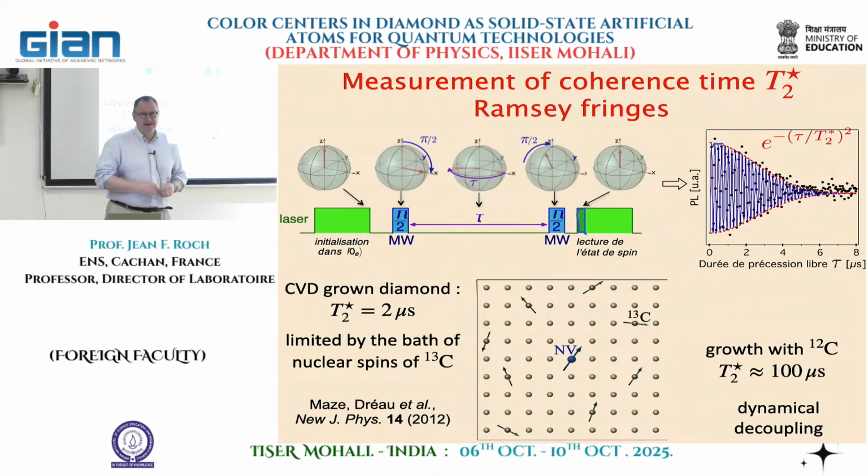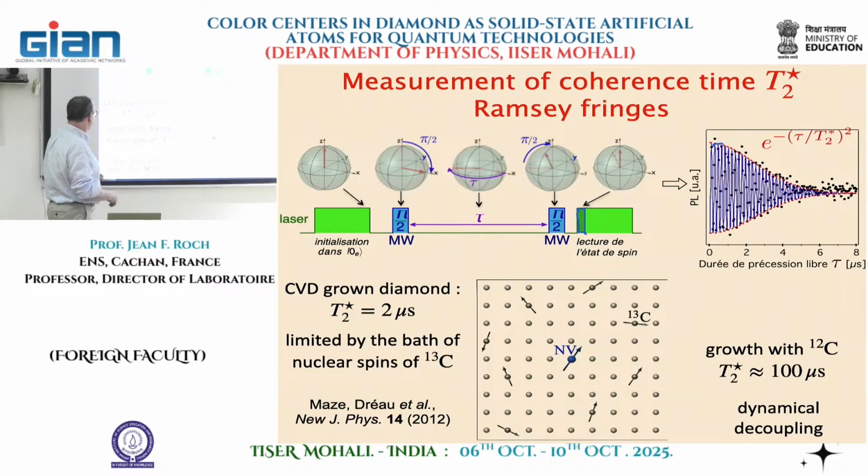If it's a single spin, then it's the jitter that will produce this effect. In practice, in CVD grown diamond, the T2 star is about 2 microseconds, and this is limited by the bath of the nuclear spins of carbon-13 that exist in the diamond.